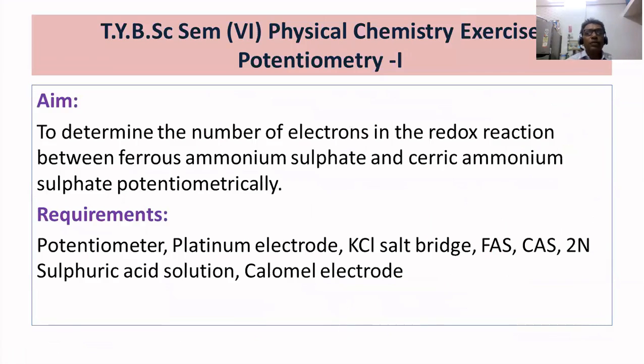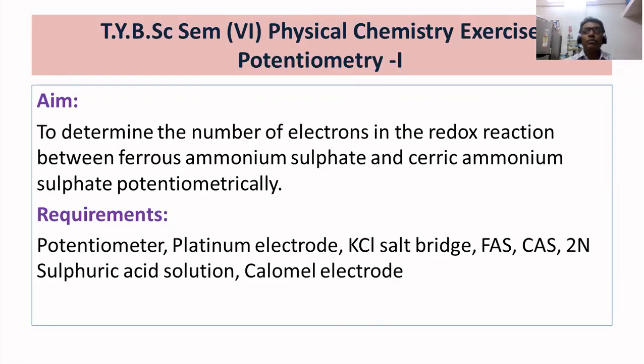That is, to determine the number of electrons in the redox reaction between ferrous ammonium sulphate and cerric ammonium sulphate potentiometrically. We carry out the reaction between FAS and CAS, and only one electron is released, meaning oxidation of Fe2+ gives Fe3+ plus an electron. So n equals 1. To perform this experiment, we have to construct the chemical cell: one is a calomel electrode and the other is a redox electrode.